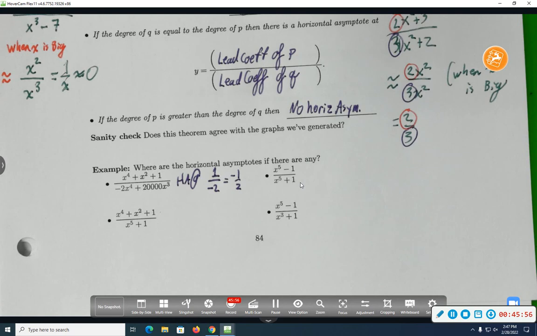Let's talk through the next one, maybe at some speed. Where is the horizontal asymptote of this rational function? 1. Everyone agree? Where is the horizontal asymptote of this one? What's the degree of the top? Degree of the bottom? So which one wins, the top or bottom?